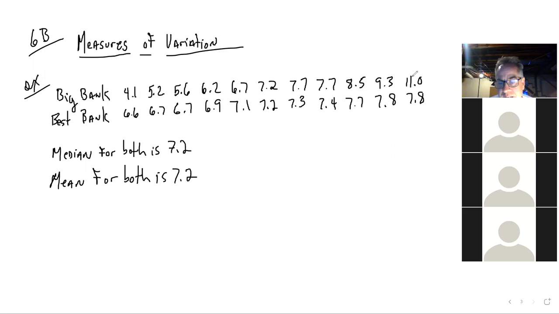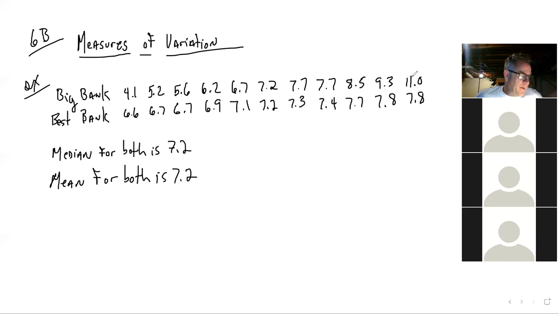So the middle was exactly the same. But there's definitely, if I look at how spread out the data is, it is much more spread out in Big Bank. It goes from a smallest value of 4.1 minutes to a largest value of 11 minutes. And Best Bank is 6.6 minutes, all the way up to 7.8 minutes.